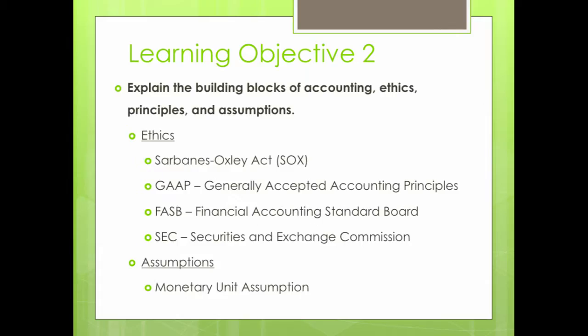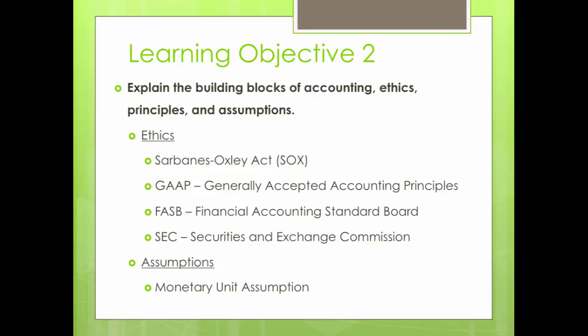The second objective is to be able to explain the building blocks of accounting: ethics, principles, and assumptions. We learned about cases like Enron, which resulted in the Sarbanes-Oxley Act, and about the generally accepted accounting principles that are required for accountants to follow in order to report financial statements in a uniform manner.